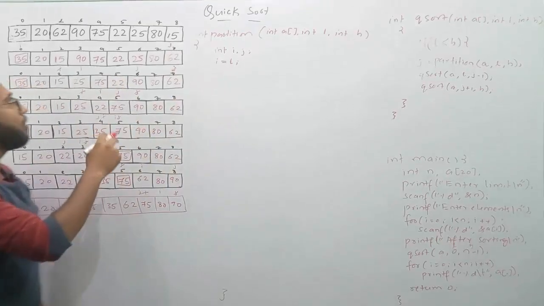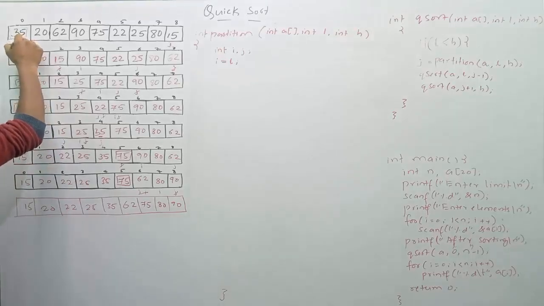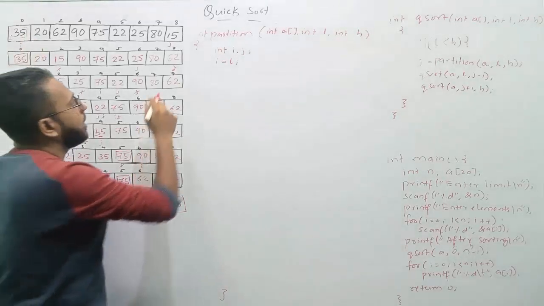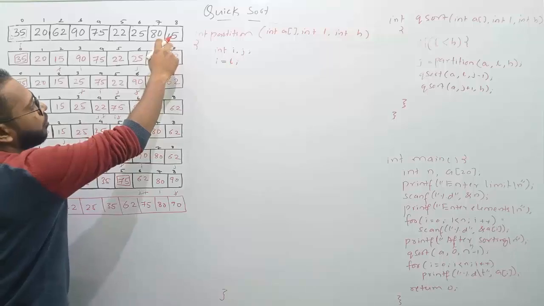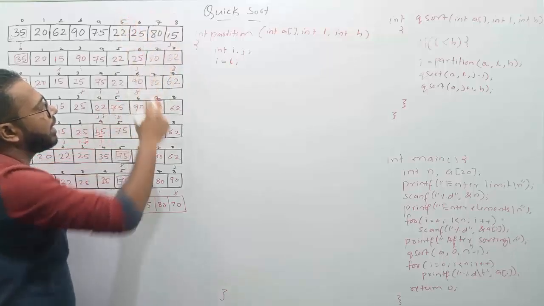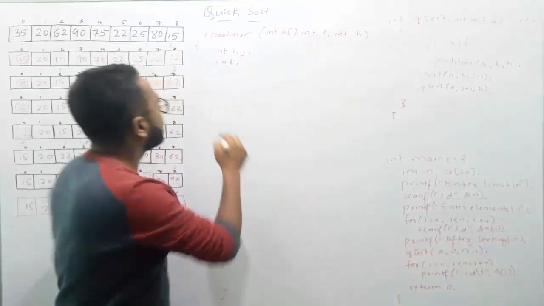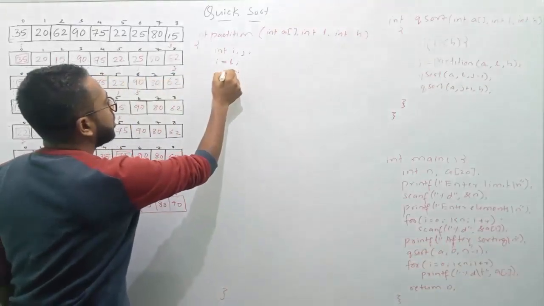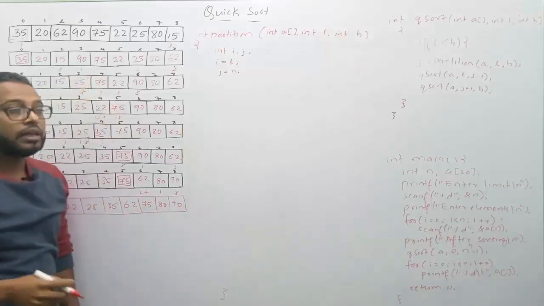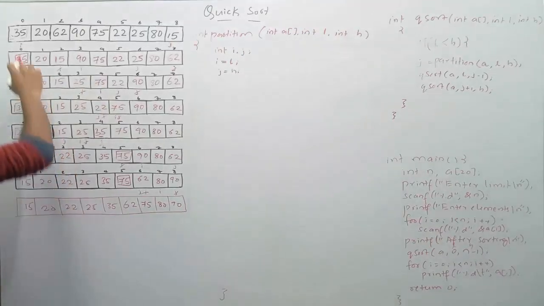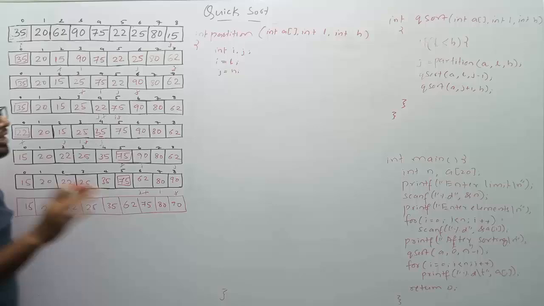By doing this, I am pointing i to the first location, and similarly I need to point j to the last element, and the last element is stored inside high. So I just need to pass high to j. Next I have also assumed the first element as the pivot element.